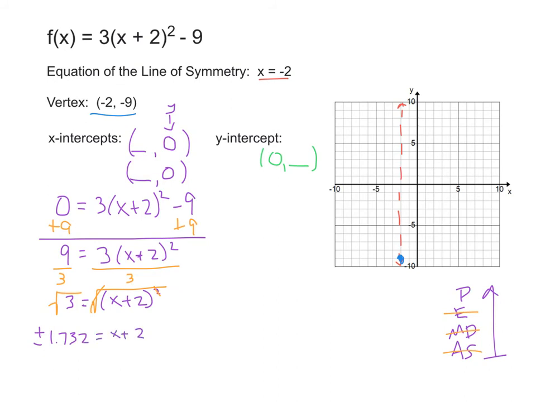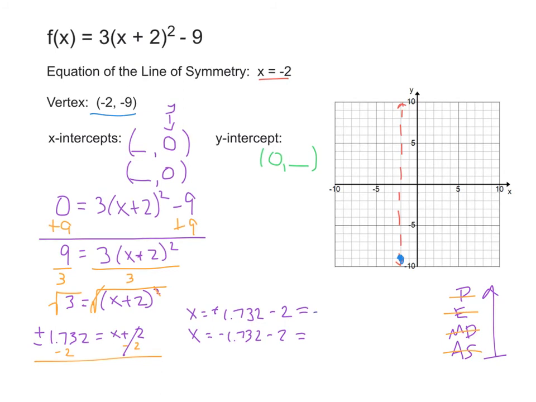Lastly, we're going to deal with what was in our parentheses, which is the plus 2, which means we're going to subtract 2 from both sides. Remember, at this point, this cancels, x equals positive 1.732 minus 2, or x equals negative 1.732 minus 2. All right, so we're going to get our two values here.